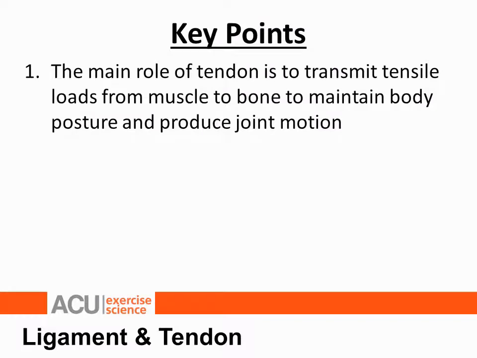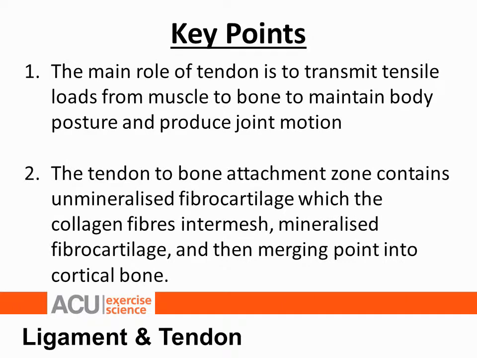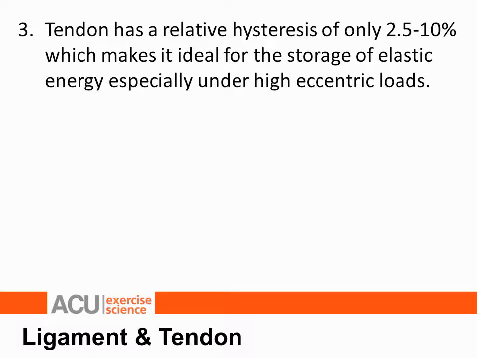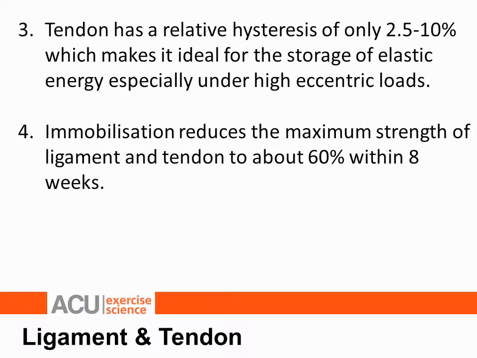So finally, the key points with respect to tendon are that the main role of the tendon is to transmit tensile loads from muscle to bone, maintain body posture, and produce joint movement, that the bone attachment of the tendon has very similar zones to the ligament, and that tendon has a relative hysteresis of only 2.5 to 10%, which makes it ideal for the storage of elastic energy, especially under high eccentric loads.